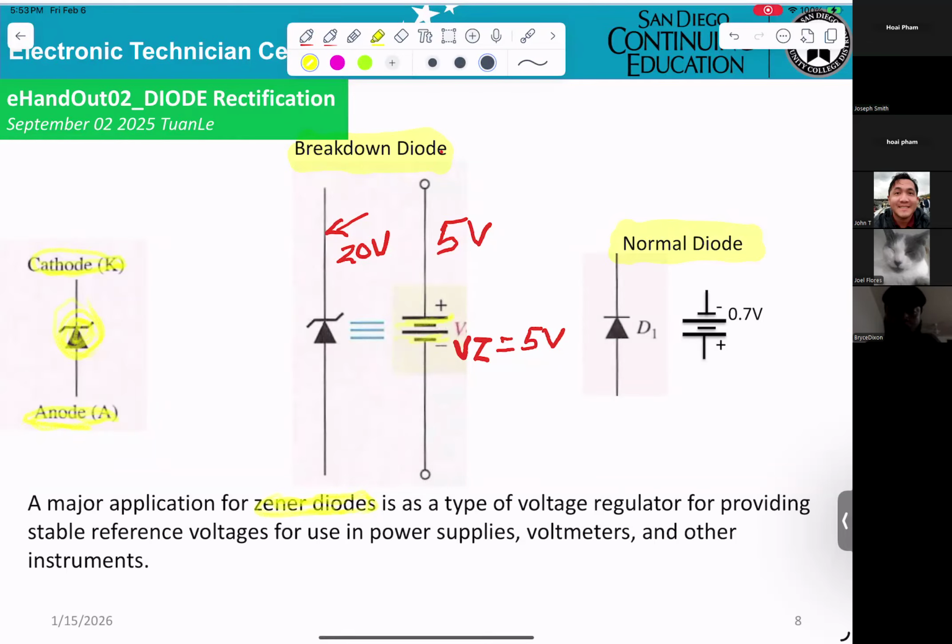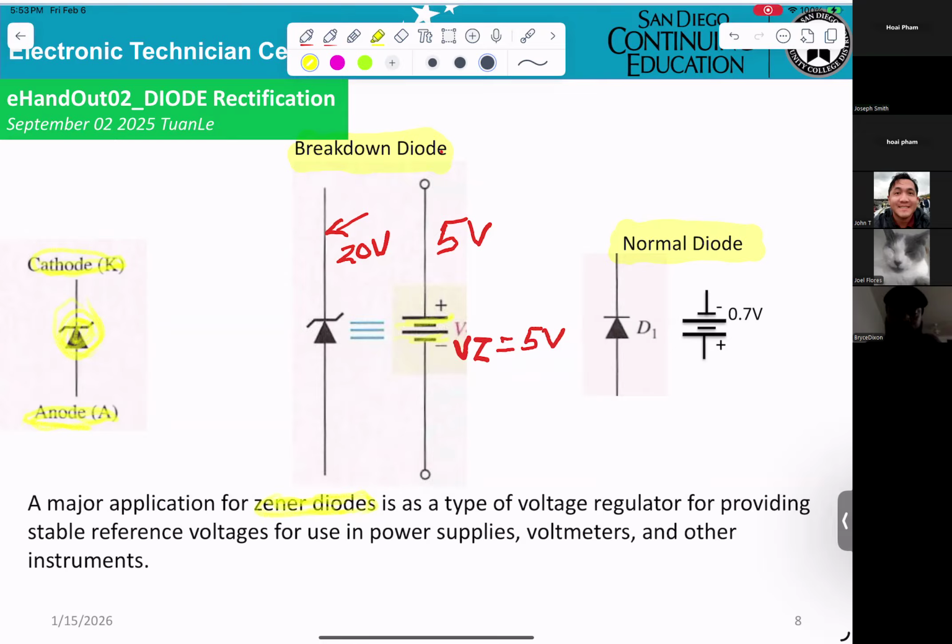See that? If the diode is on, substitute it by a battery of 0.7 volt, nothing else. Okay? So for the zener, it can either be in breakdown voltage or working as a normal diode.